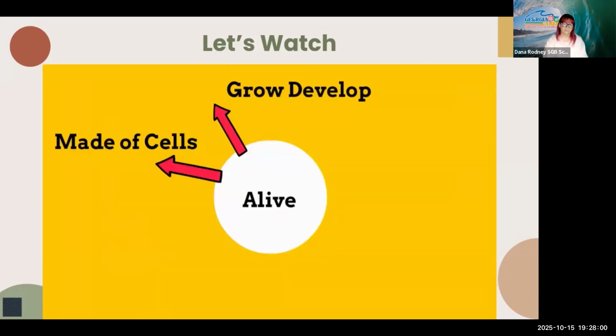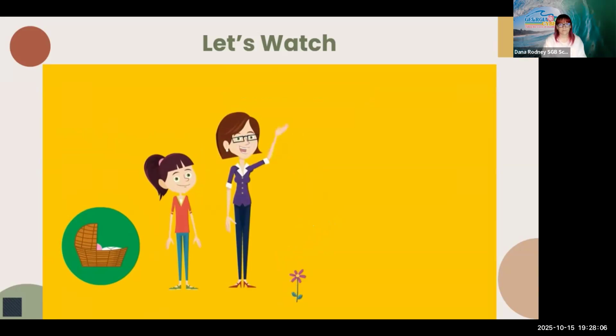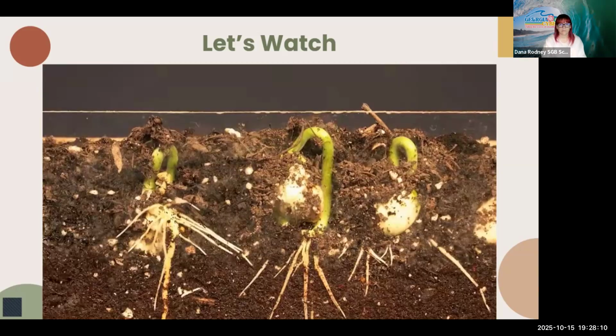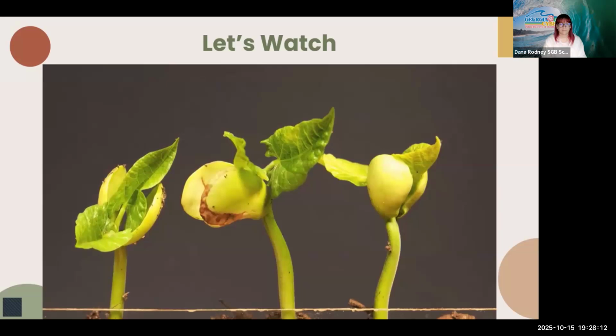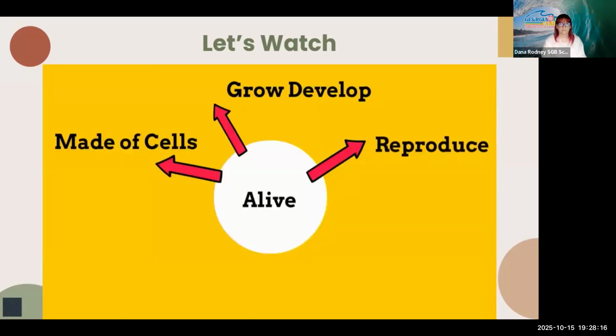Next, living things grow and develop. Living things reproduce and produce offspring.